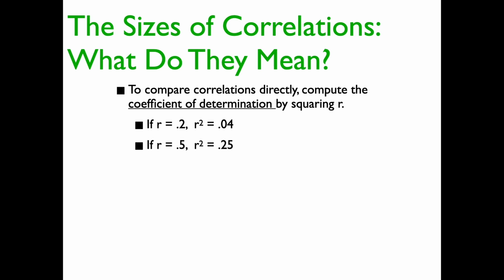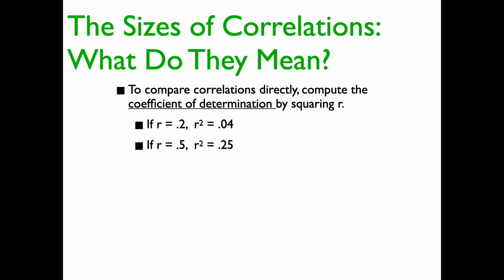Now you look at that and you can say, why did I just do that? Well, in order to compare correlations directly, you want to use coefficients of determination. So in fact, the second relationship here is a little over 6 times greater than the first relationship.